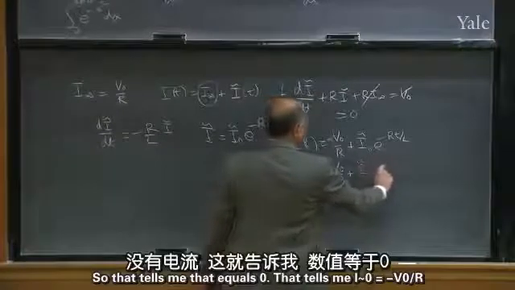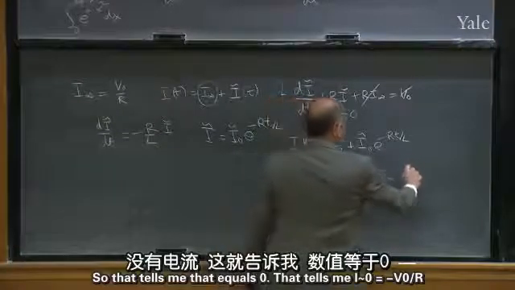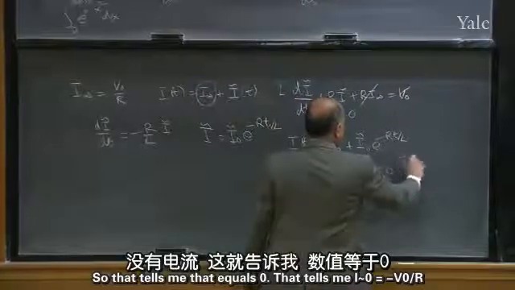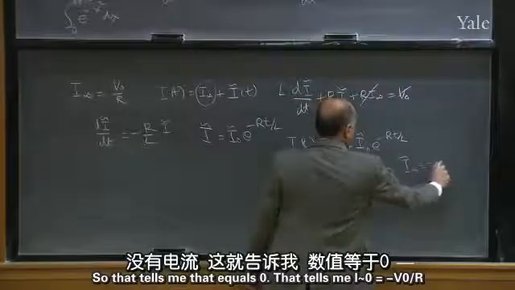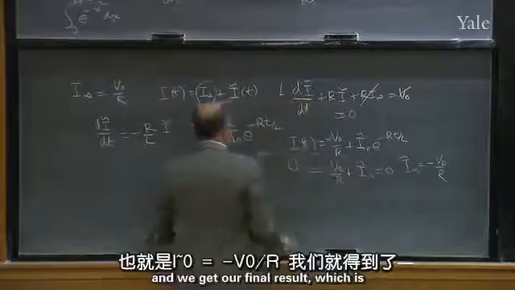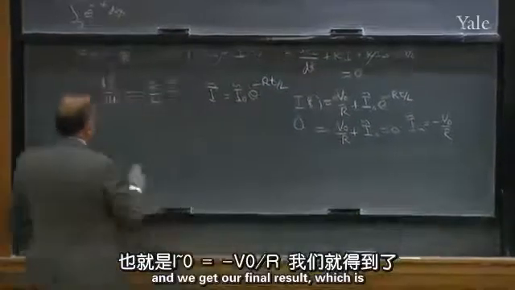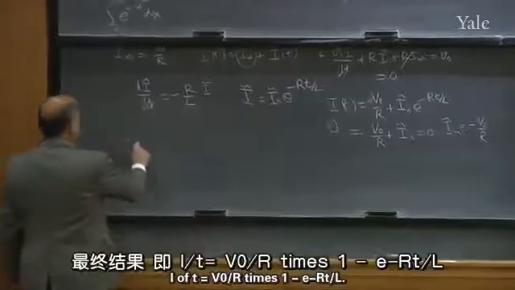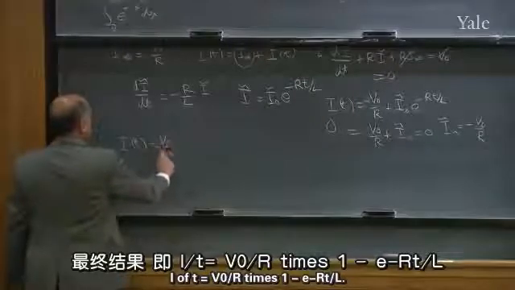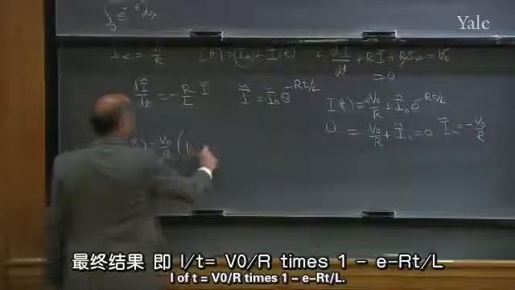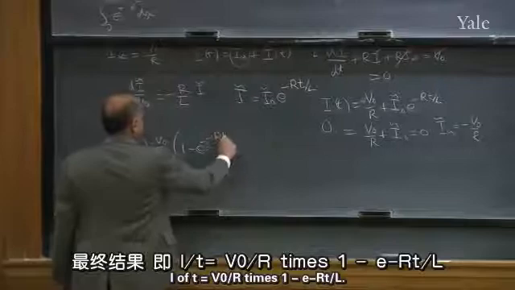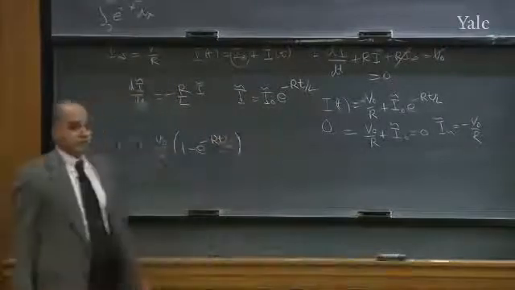So that tells me I twiddle 0 is equal to minus V0 over R. And we get our final result, which is I of t is equal to V0 over R times 1 minus e to the minus Rt over L.